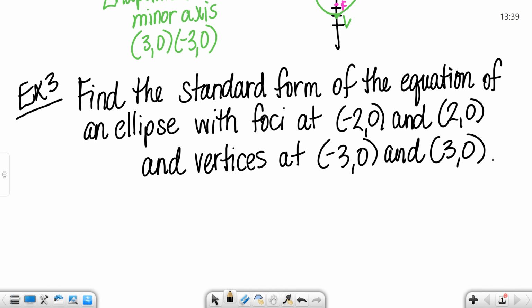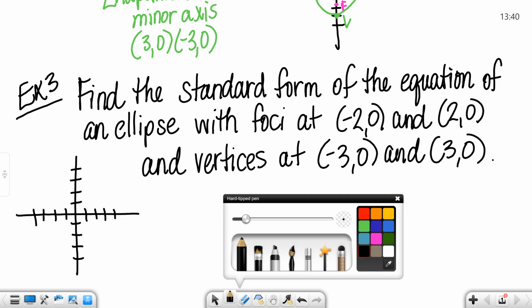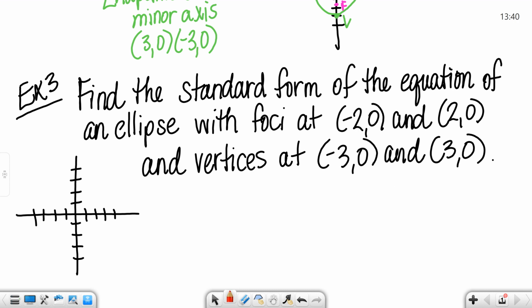Now, even though I'm not asked for the graph, I'm going to graph what was given to me just so I have something to look at. It helps me out. All right, so I'm going to graph the stuff that was given to me in red.